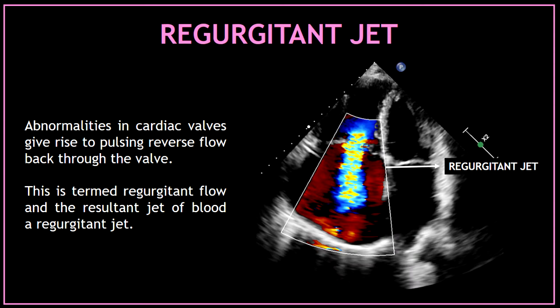To measure PISA, we need a regurgitation. But what is a regurgitant jet? Abnormalities in cardiac valves give rise to pulsing reverse flow back through the valve. This is termed regurgitant flow, and the resultant jet of blood a regurgitant jet.